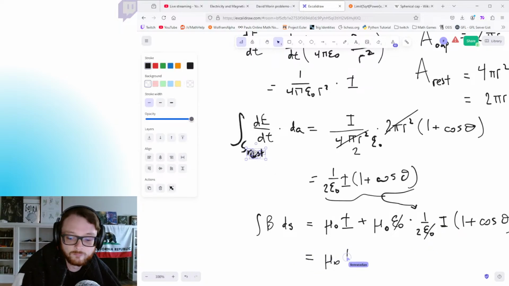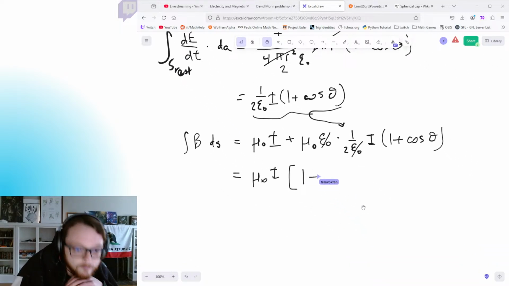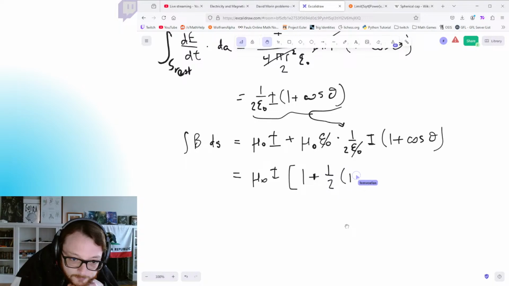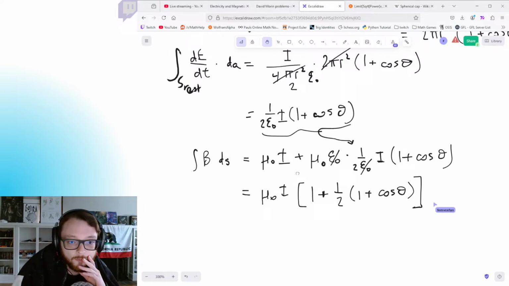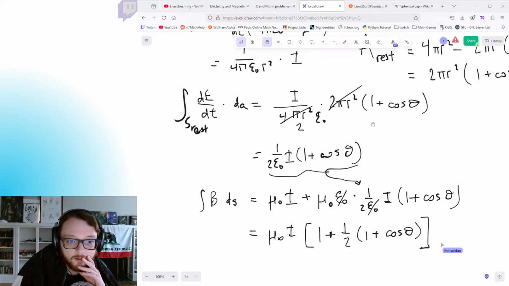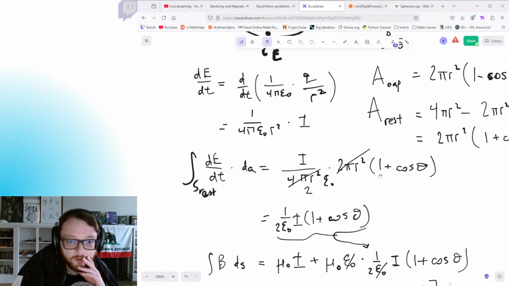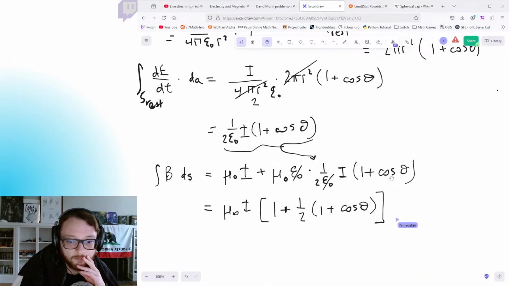Factor out mu naught I. 1 plus... This is not looking like it's going to work. Oh, wait, there might be a minus. Did I miss one? The result of the integral, I think the A and E vectors are opposing each other. So there should be a minus as a result of the integral.